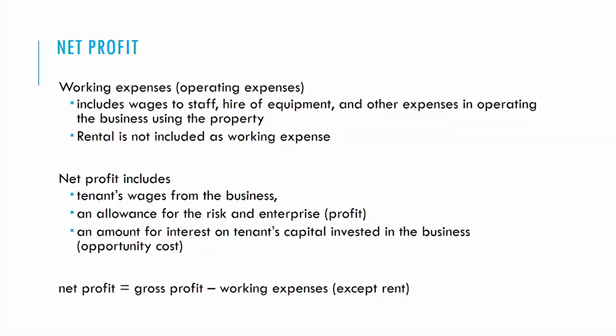Rental is not included as a working expense in this case, because rent is half of the profit. It could be 50%, 60% or 40%; for example, say it's 50%. So we do not reduce rent, because there is no rent. Rent is profit share. Clear?